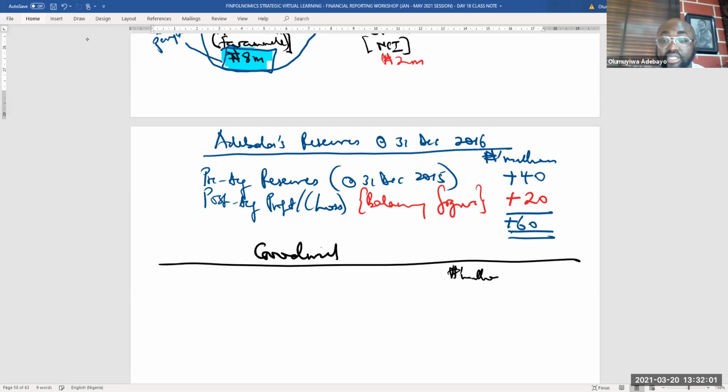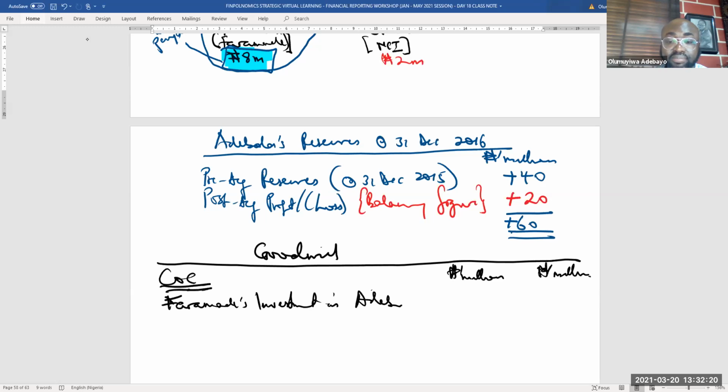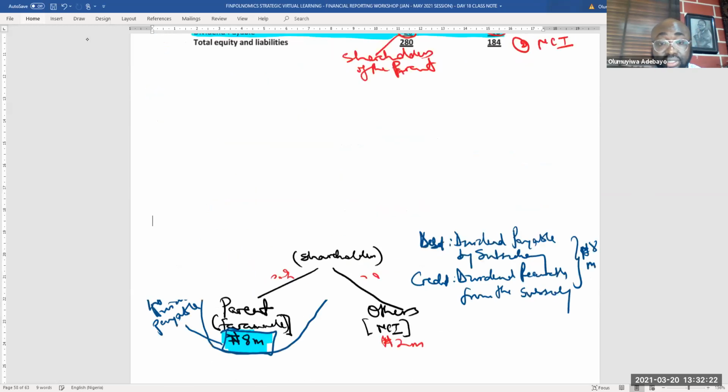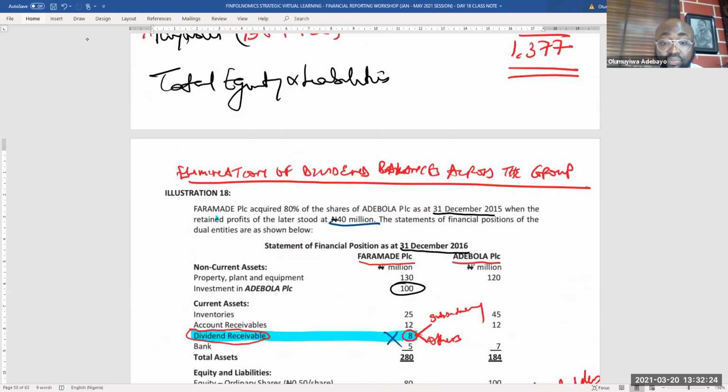All figures in million. Cost of combination. Faramade's investment in Adebola. How much was it? 100.